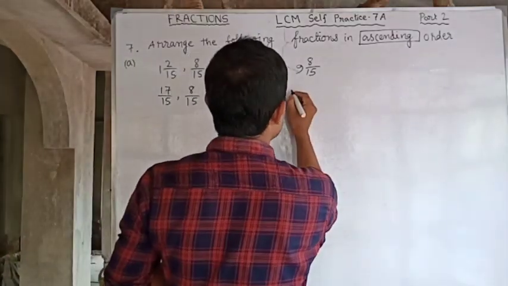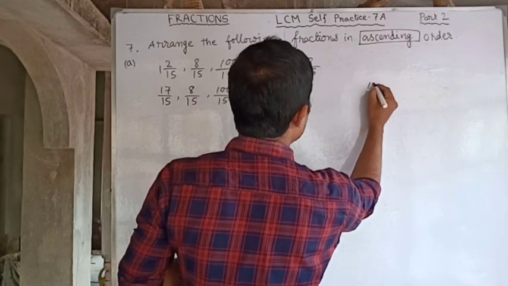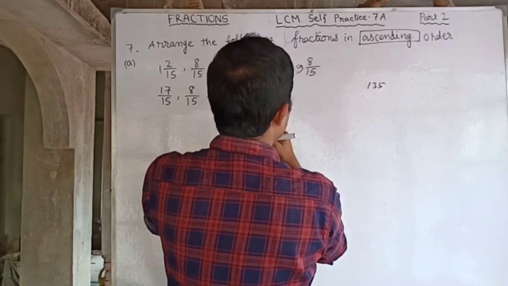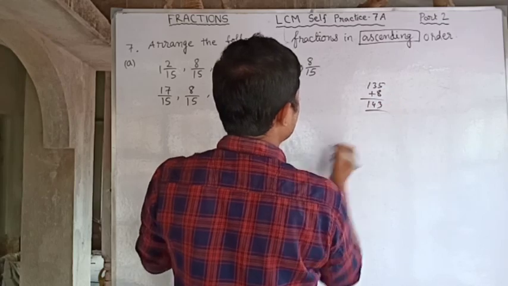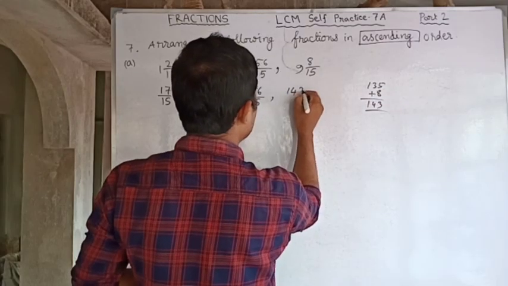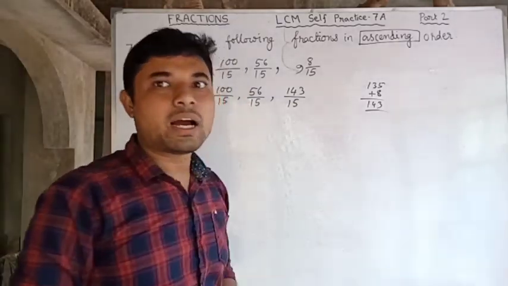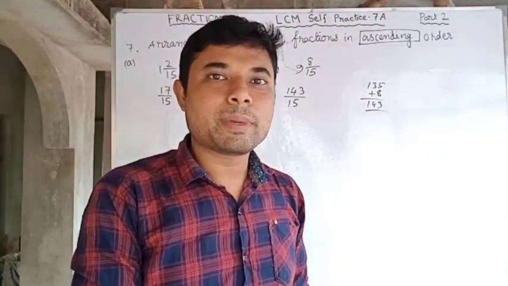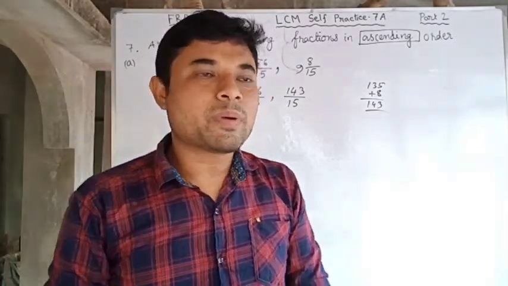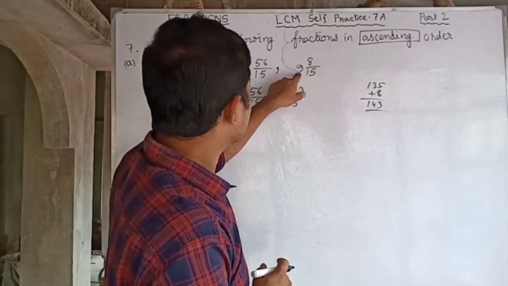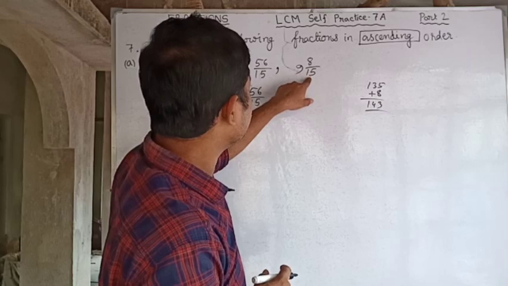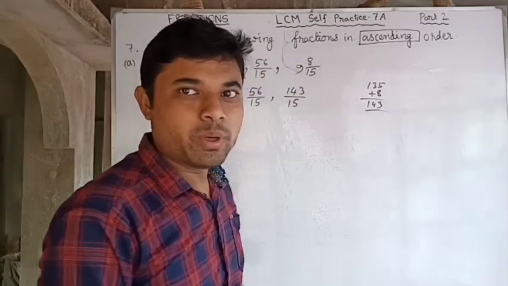Here, 9 into 15 is 135, plus 8, so 143 by 15. You have already learned how to convert a mixed number to an improper fraction: first multiply the whole number and the denominator, then add the numerator.